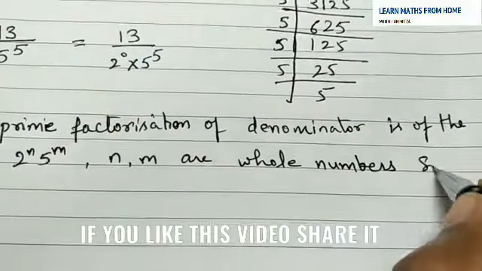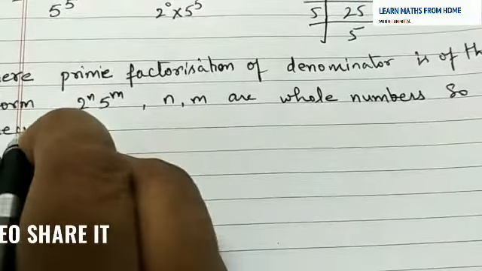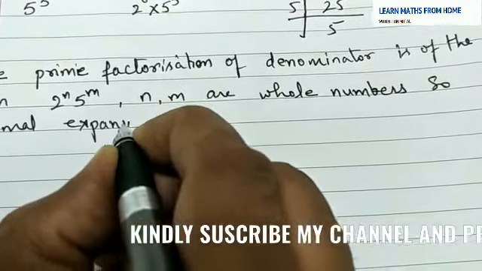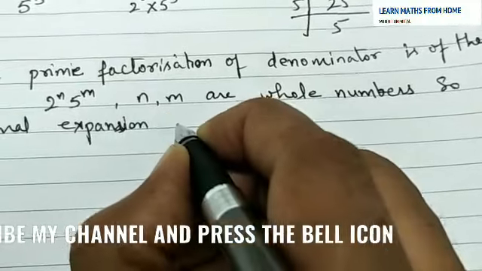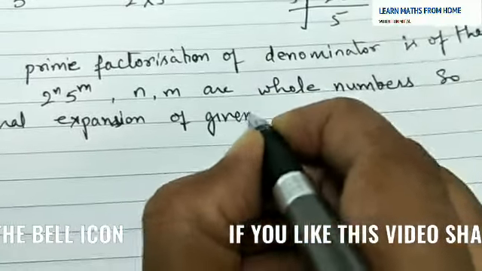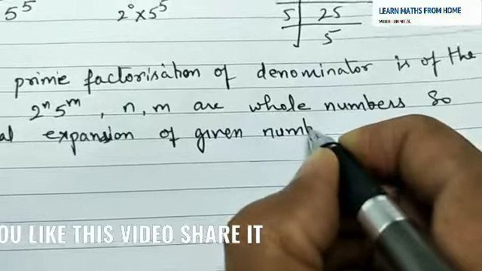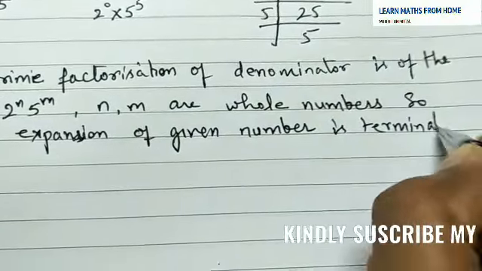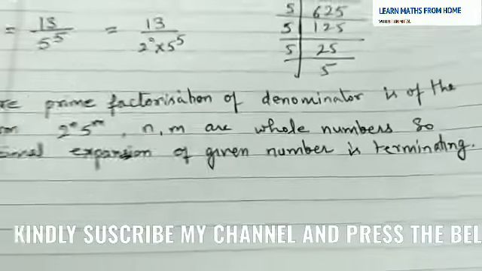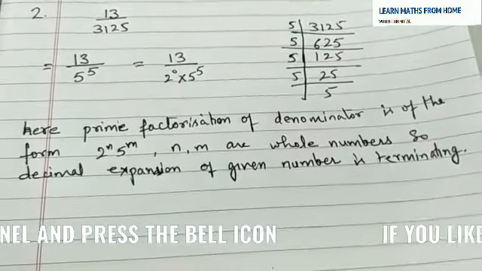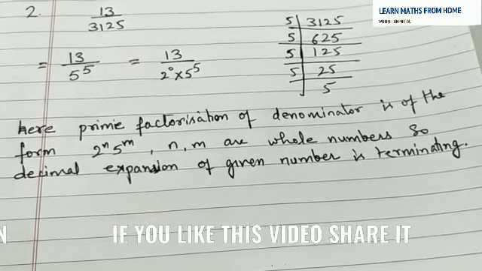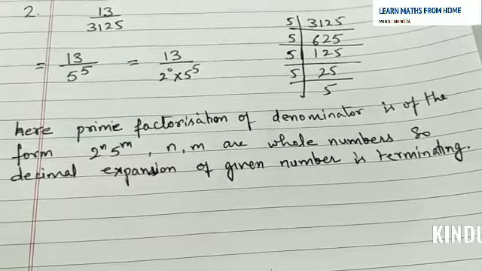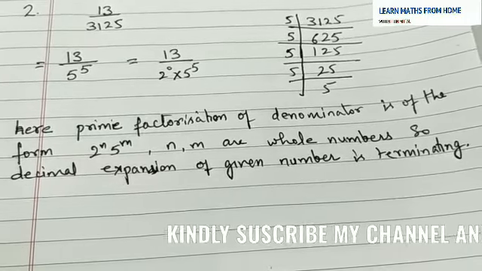So the decimal expansion of the given number is terminating. So this is the solution of the first question, but we have to do the second question, that is we have to convert this terminating number. We know it will terminate, but we have to see the decimal form.